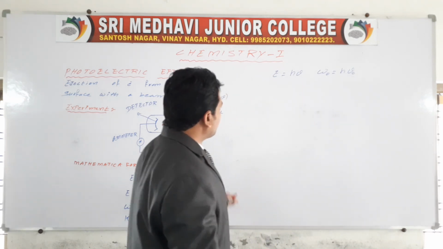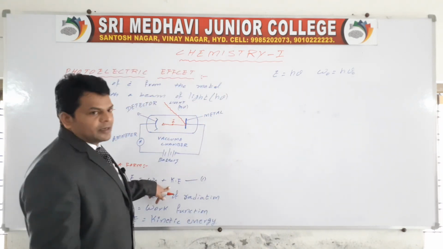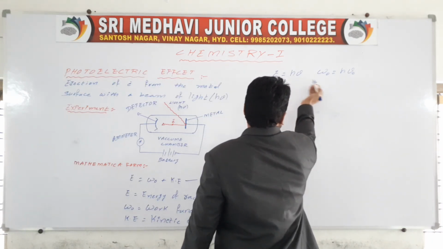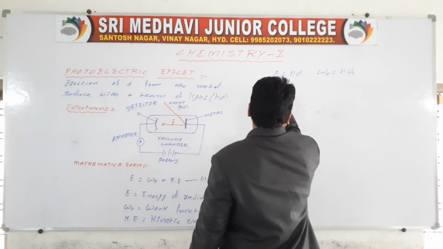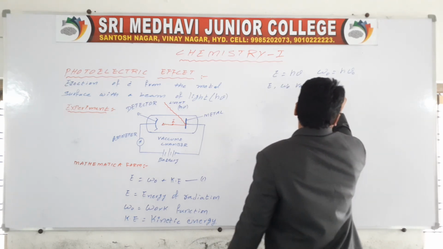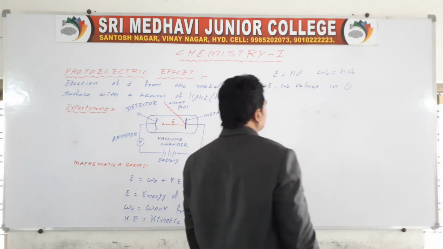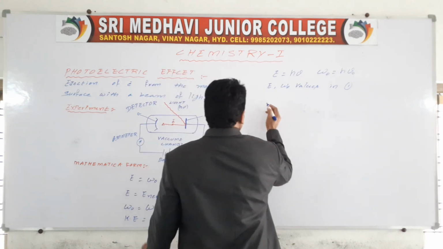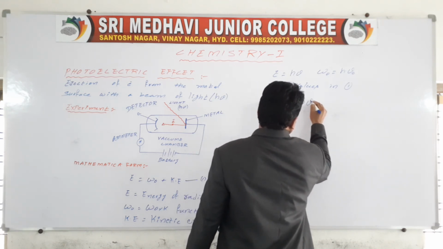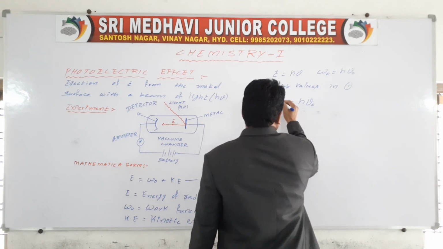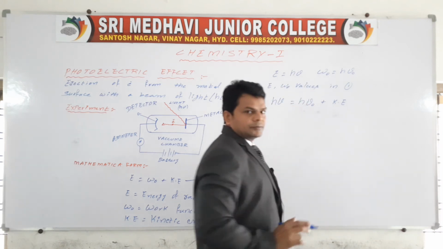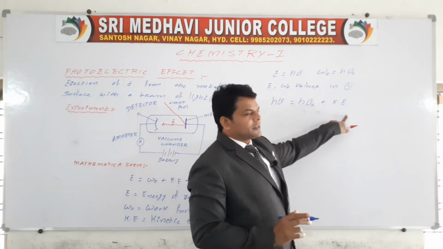Substituting these values of E and W naught in equation 1, we get h nu equals h nu naught plus Ke.